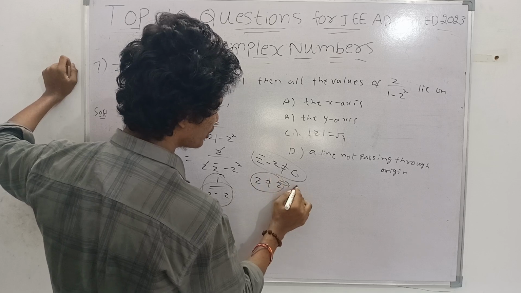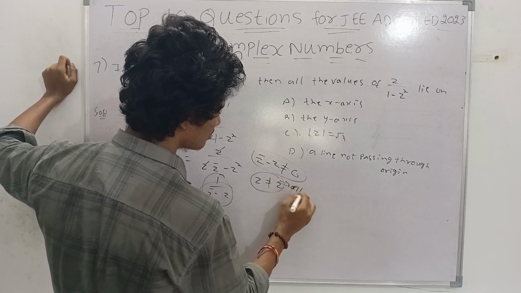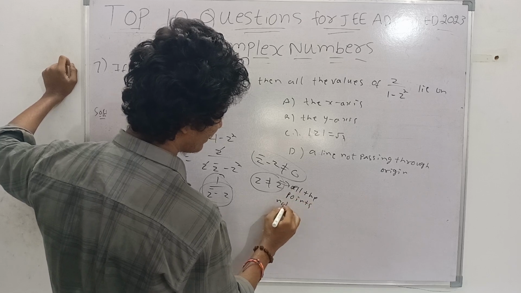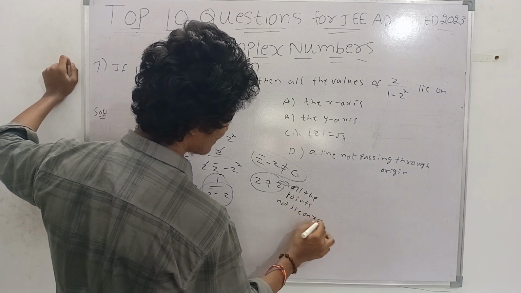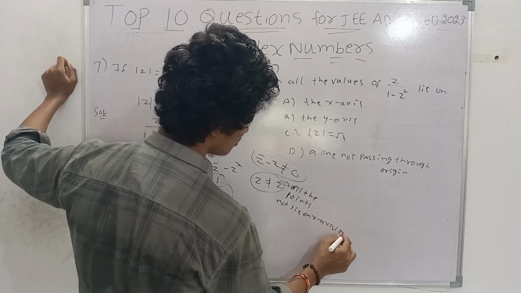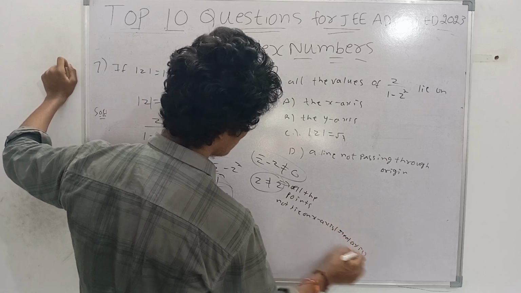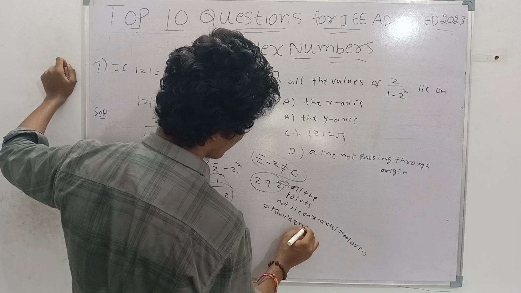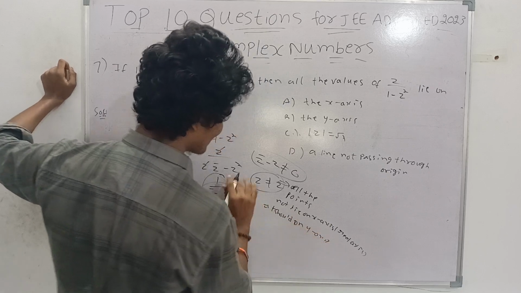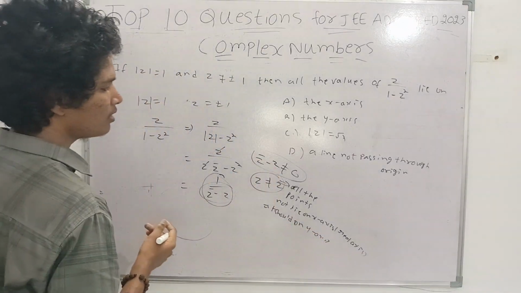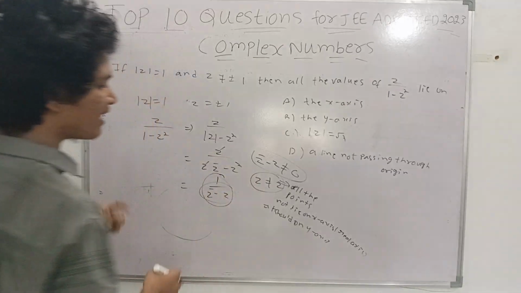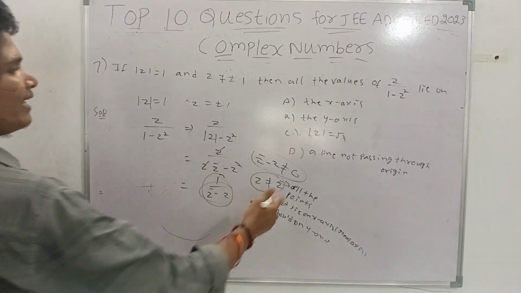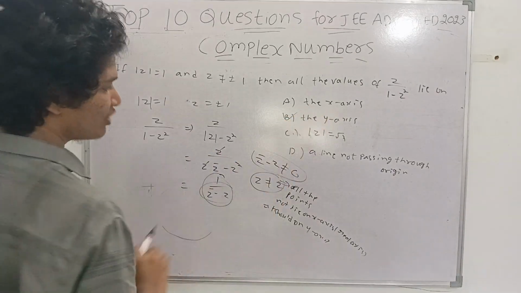It implies that the points should not lie on the x-axis, that is the real axis. It should lie on the y-axis, because z should not be equal to z bar. So all the points of z are on the y-axis. It should not be on the x-axis.